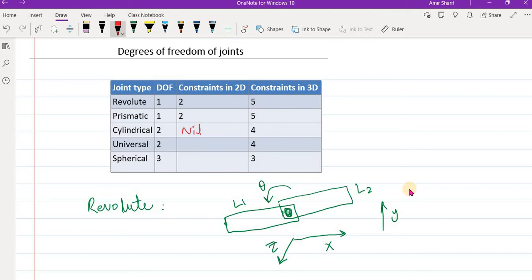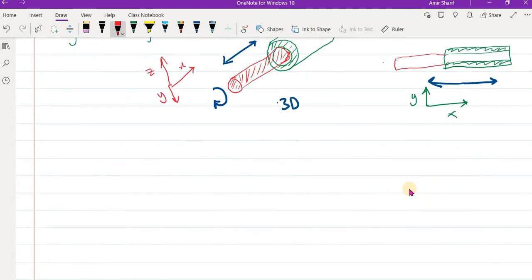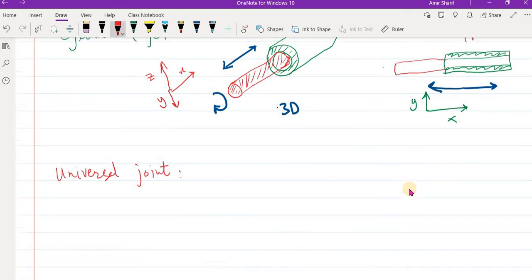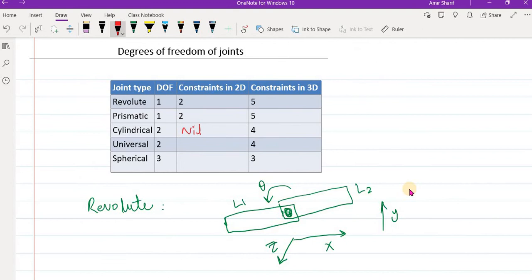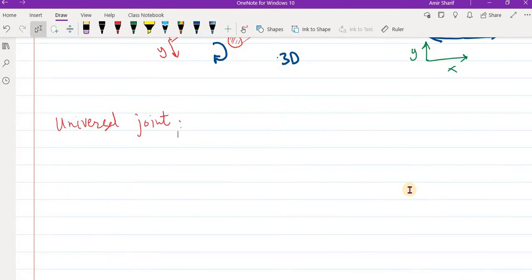And similarly for a universal joint and spherical joint. For a universal joint, it's difficult to draw, but you can tell that in 3D it will have 4 constraints, and because it has 2 degrees of freedom, it means that it can rotate about any 2 axes.